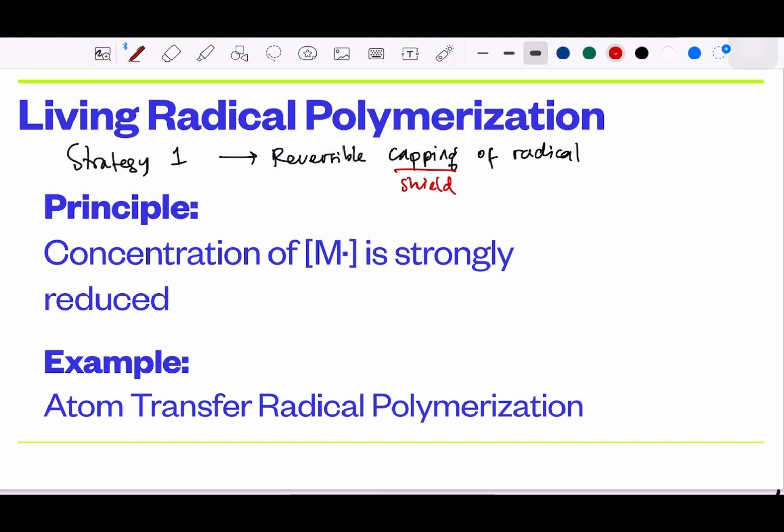So the principle is to take the concentration of the radical itself to be reduced, highly reduced. An example is the atom transfer radical polymerization.